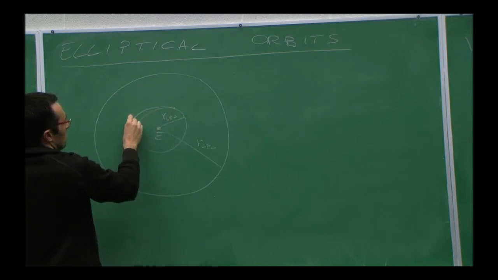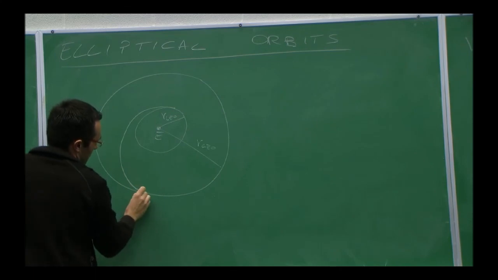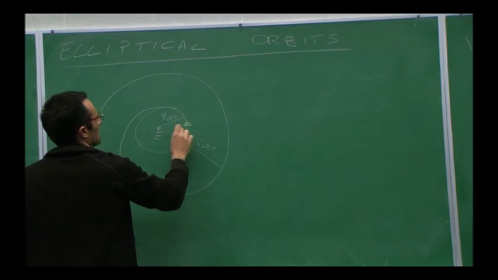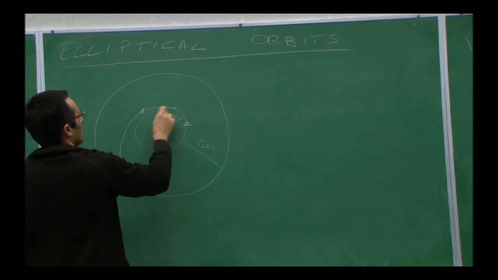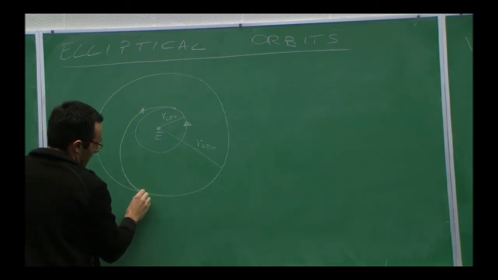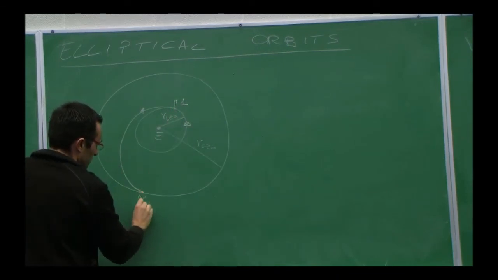We change orbit, we go to an elliptical one, we run half of that ellipse, and then here we do something else that circularizes the orbit. So you're basically flying like this. Some point here you maneuver, you change orbit, you go on an ellipse that has the apogee at GEO, for example. Then you do another maneuver. So here is maneuver 1, and here is maneuver 2.